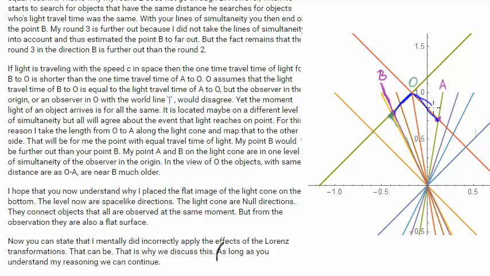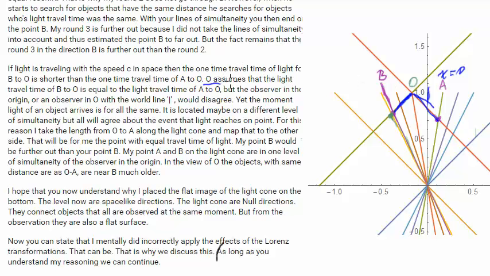And yes, that is true, whether you use the x equals 0 interpretation or O's point of view, because that is closer than that event there. "O assumes that the light travel time of B to O is equal to the light travel time of A to O." No, he does not. I don't agree with that because of this subtle effect.